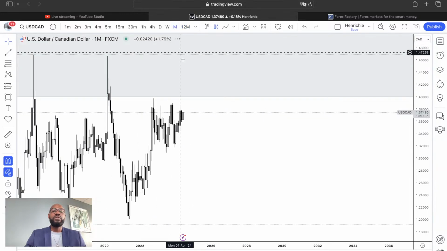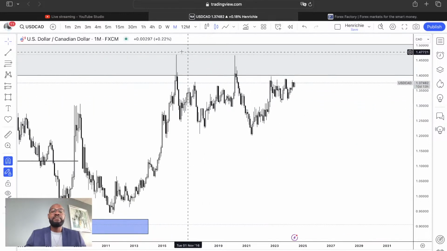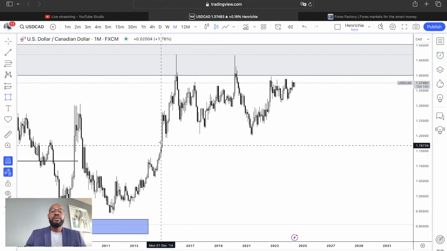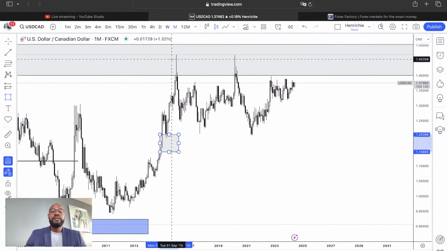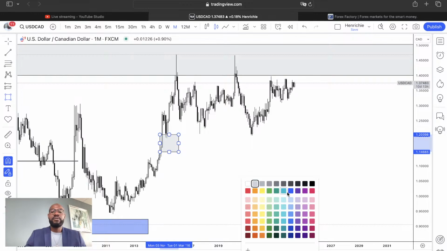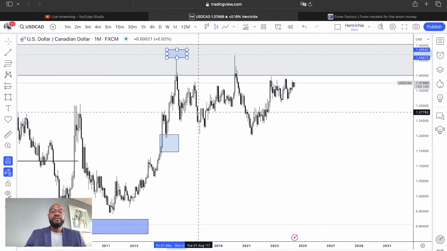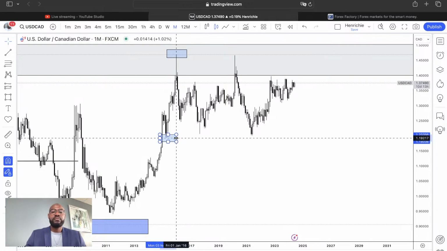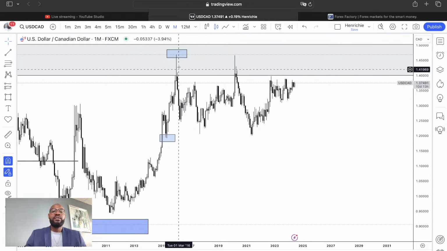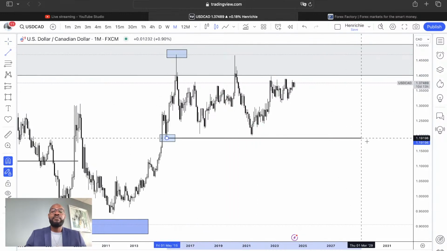If we go to the monthly time frame, after we mitigated the position, you can see on the monthly time frame we have a low, and then I'll make this a different color. So as you can see, we have a low, we have a high. Right here we'll have a low, right here we'll have a high, and eventually this low has not been broken.